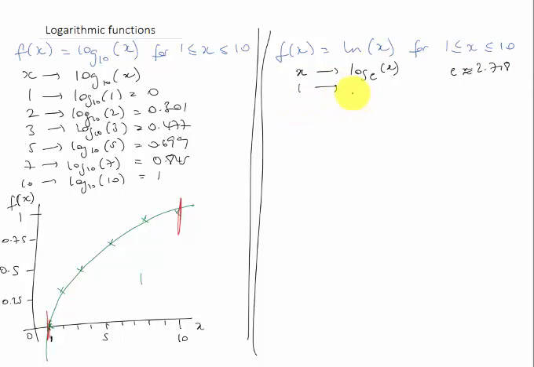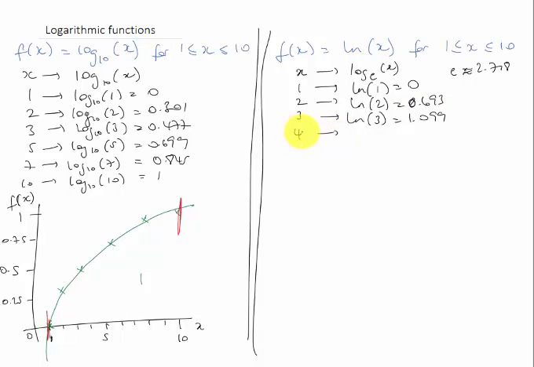So 1 gives us natural log of 1, which is 0. 2 gives us the natural log of 2, which is 0.693. 3 gives us the natural log of 3, which is 1.099.